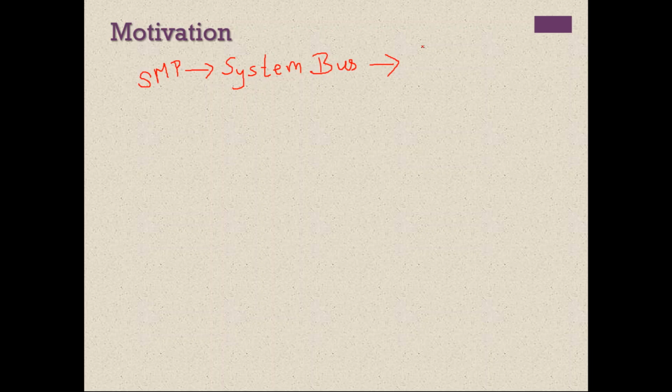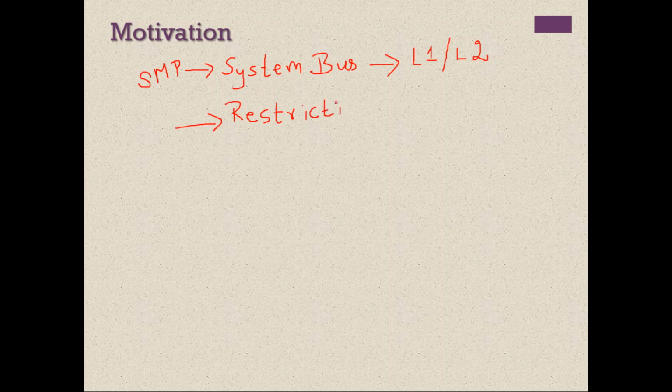To avoid that, we are introducing cache, L1 cache and L2 cache. But introducing L1 and L2 cache, while it will surely reduce the access to the system bus, also provides a restriction on the number of processors the SMP system can have.